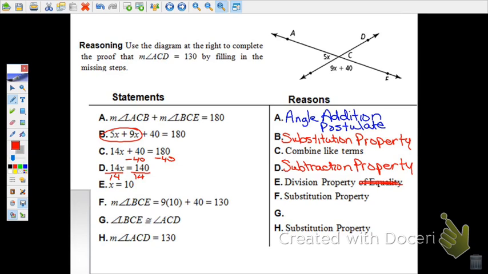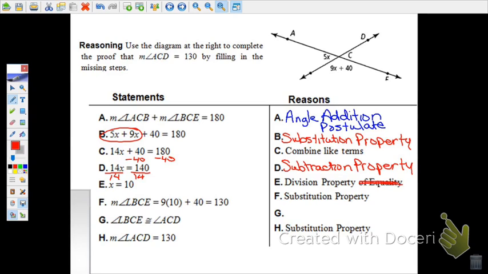So what we're doing is making some substitution. We're not substituting into B. We're substituting into what we were given for that particular angle.